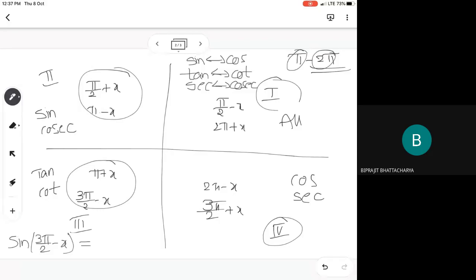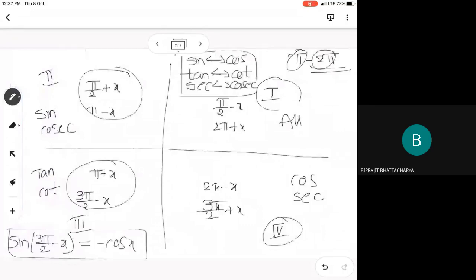Negative. So a negative sign comes, and you just write negative. Positive or negative is decided like this. Next, 3 pi by 2 is there, and whenever you have 3 pi by 2, sin will be changed to cos x. That's all. So sin 3 pi by 2 minus x is equal to minus cos x.